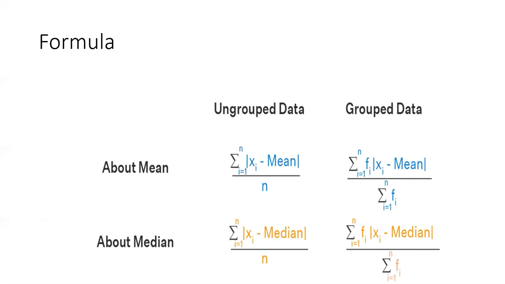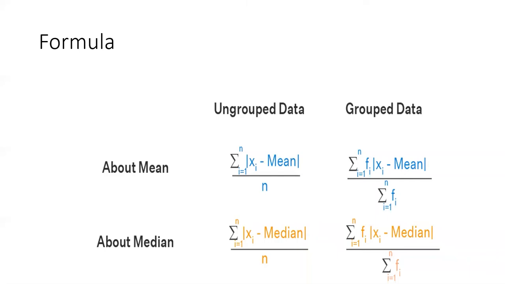Here, let's see the formula of mean deviation. For ungrouped data, if you want to calculate the mean deviation about the mean, you take the summation of x1 minus mean, divided by n. For about the median, it is the summation of x minus median, divided by n.